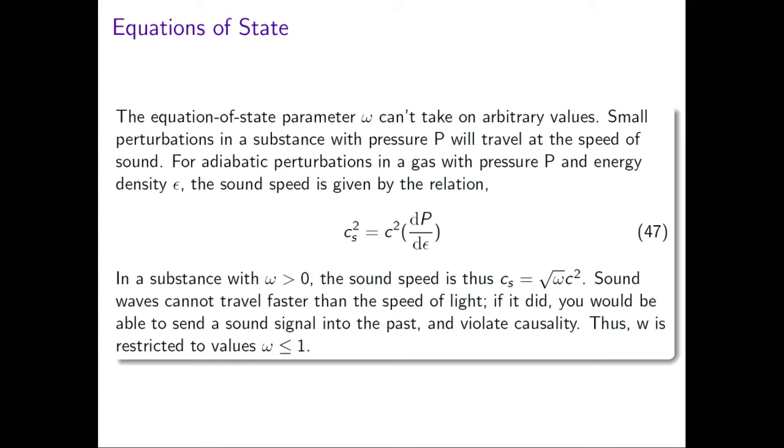So if a substance is made up of something that exerts negative pressure such that omega is less than minus 1 by 3, that substance is called dark energy. We call it dark energy because we don't know much about it as of now. This condition implies the presence of a quantity that exerts negative pressure.